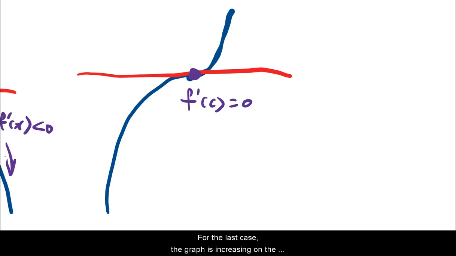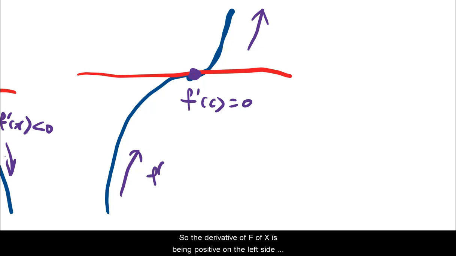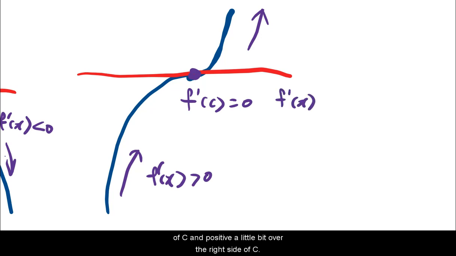For the last case, the graph is increasing on the left side of C and on the right side of C also. So the derivative of f of x is positive on the left side of C and positive a little bit over the right side of C.